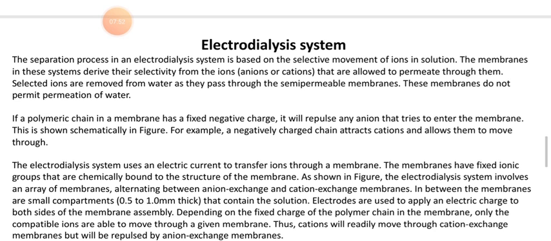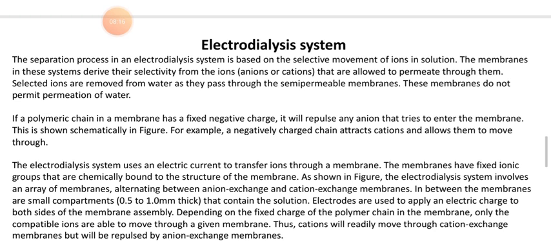Selected ions are removed from the water as they pass through the semi-permeable membrane, and these membranes do not permit permeation of water. In the case of electrodialysis, only certain ions are allowed to pass. It is also impermeable to water, meaning water is not allowed to pass through this membrane.